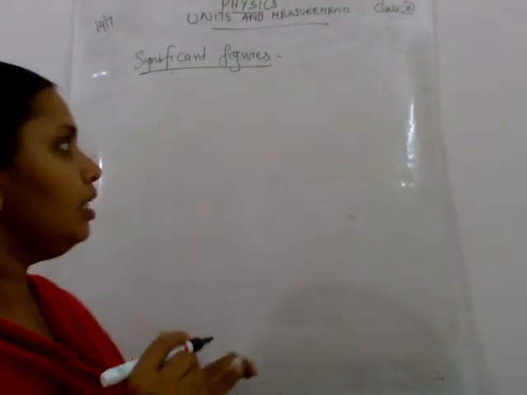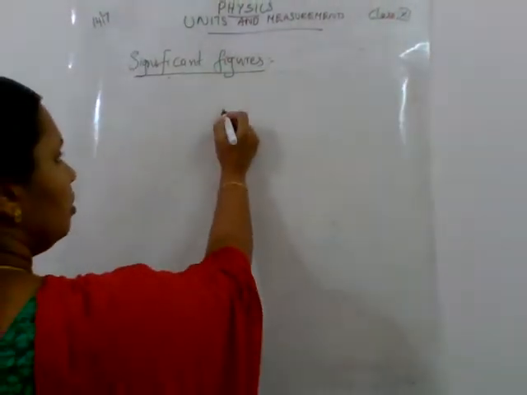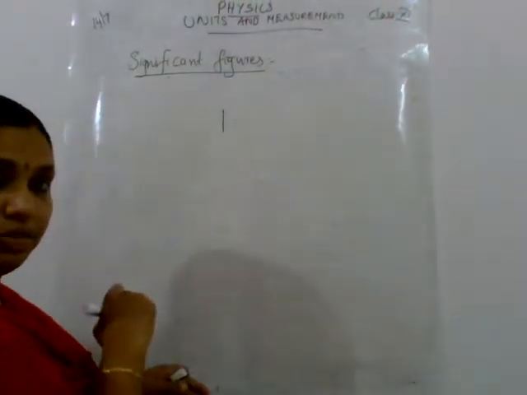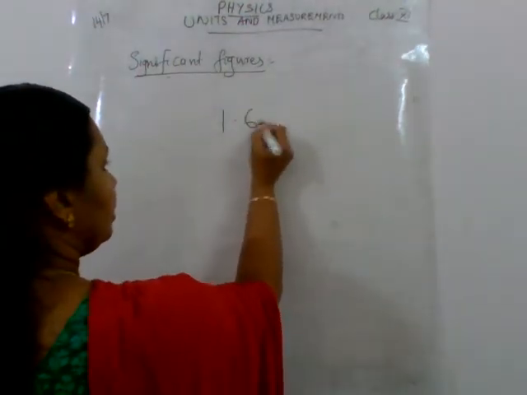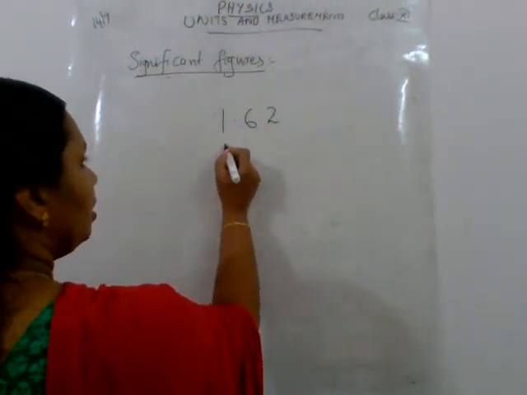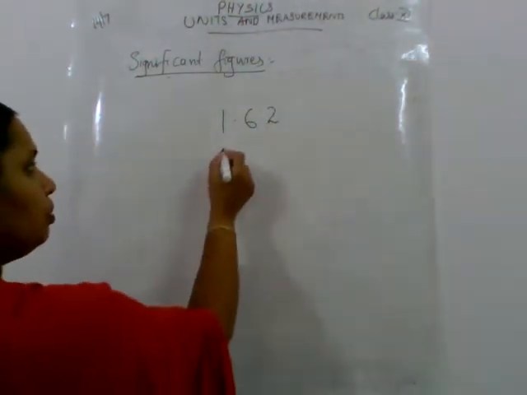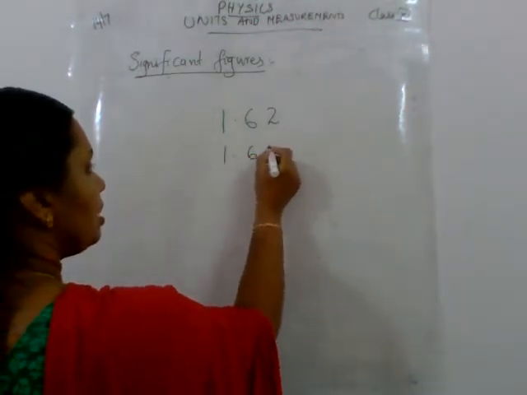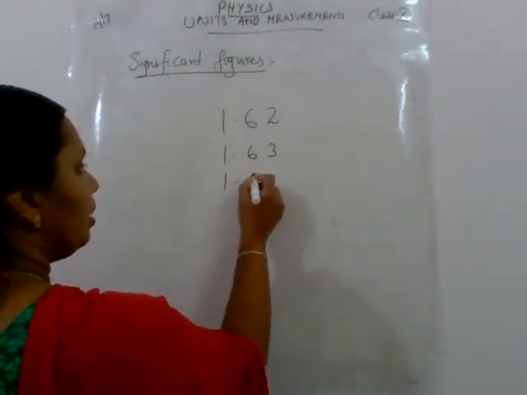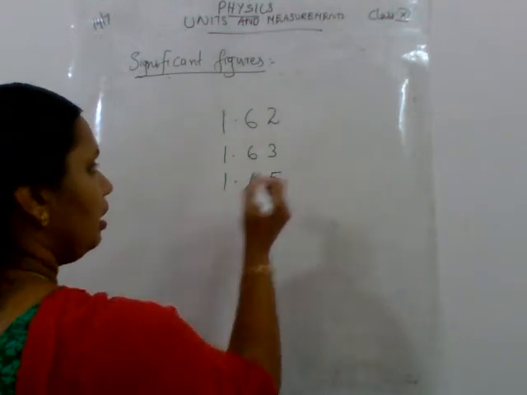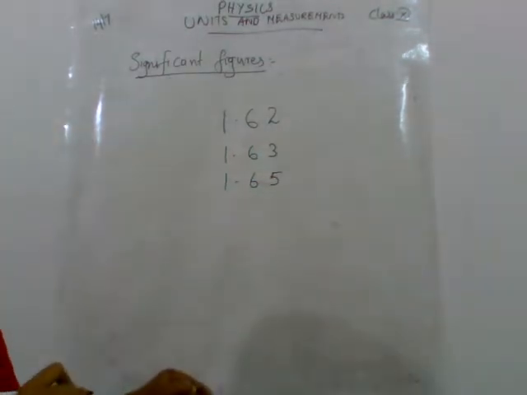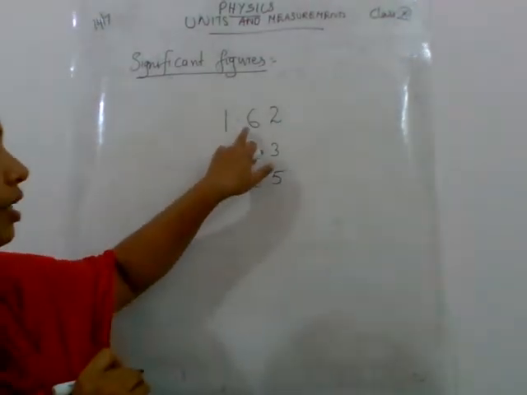In 3 sets of observations, we are getting 1.62, 1.63, 1.65, like that.